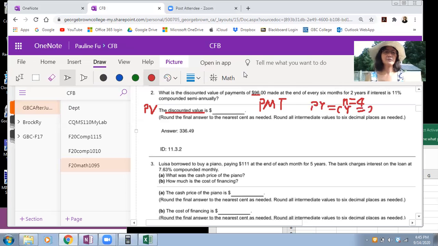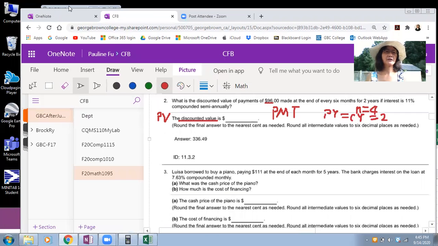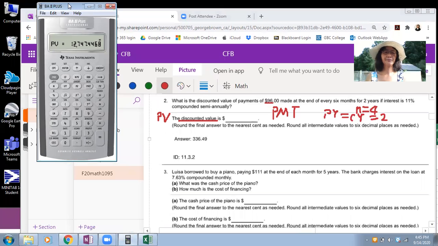And then you pull out your calculator. Okay. So this is my calculator over here. And remember, you need to press second quit to begin. And then you need to make sure there's nothing on top right corner, means it is end mode.